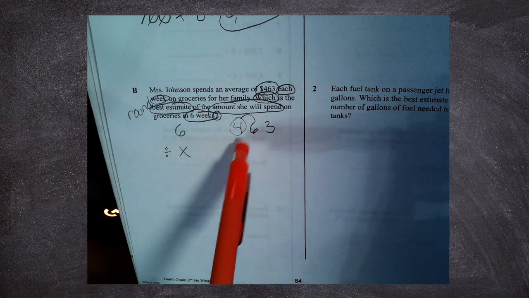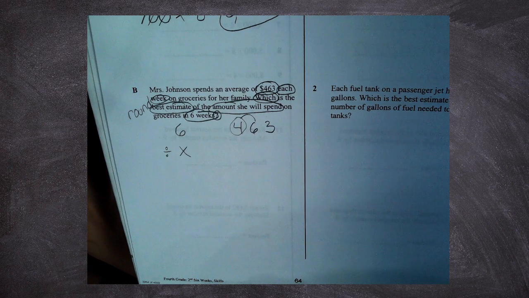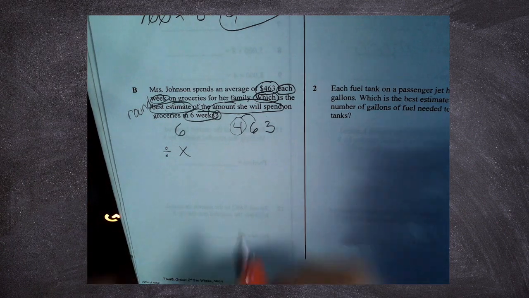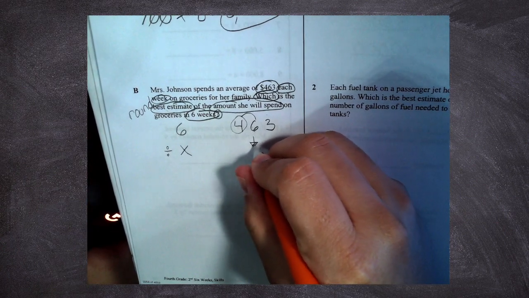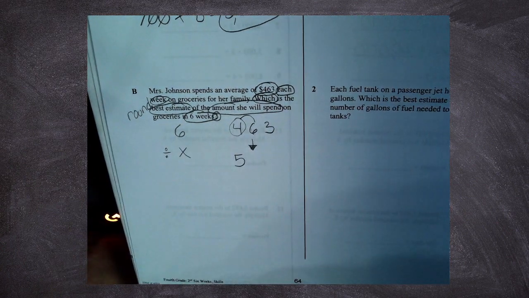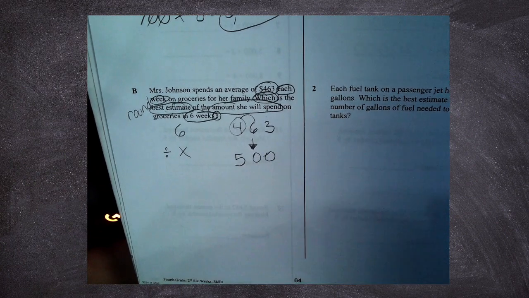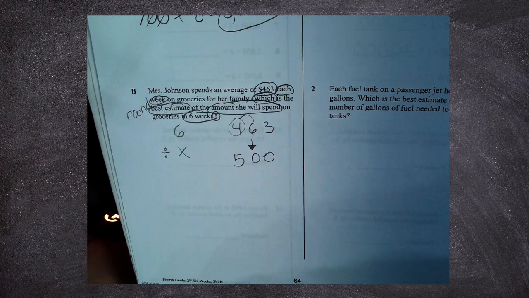What am I going to do to that 4? Bradley, am I going to add one more or am I going to let it rest? Add one more. Add one more. So instead of 4, if I add one more, it's going to become 5. The numbers after it are going to turn to zeros. So instead of 463, I have 500.